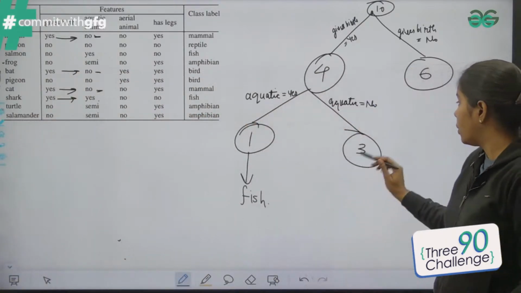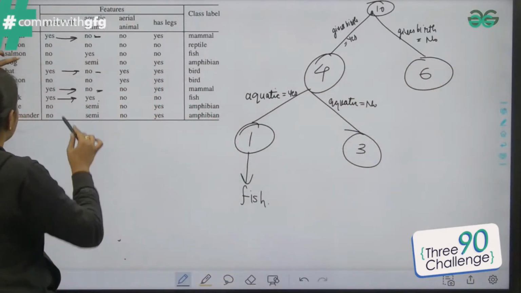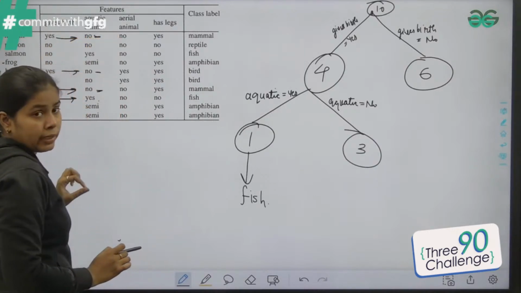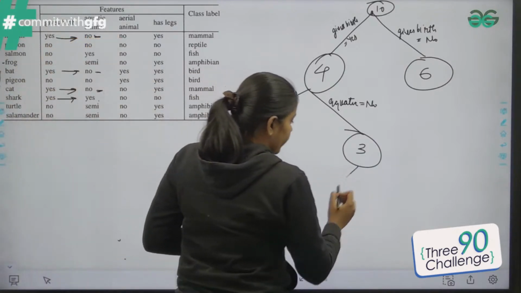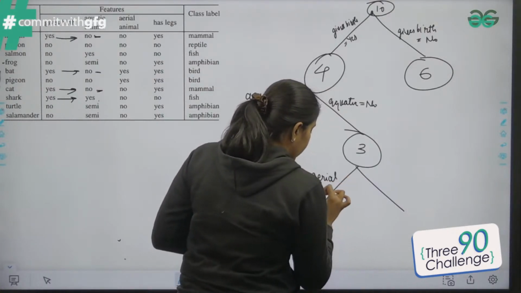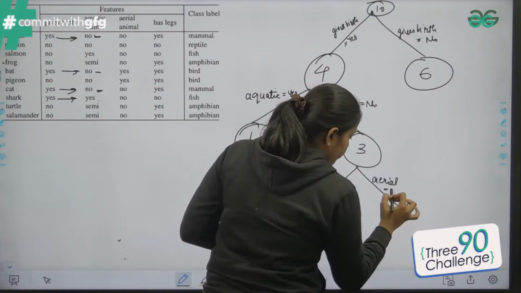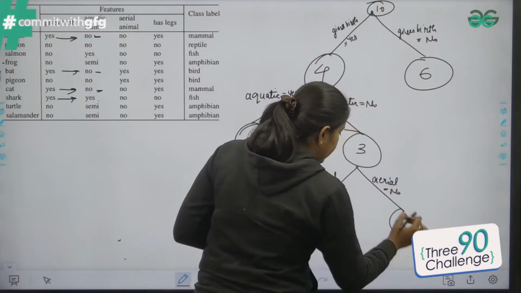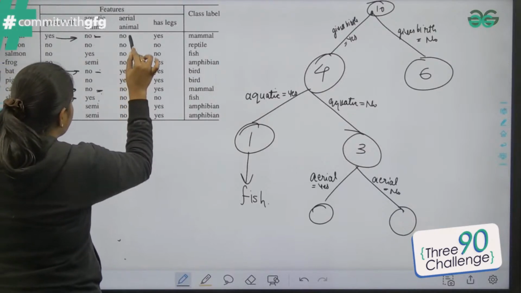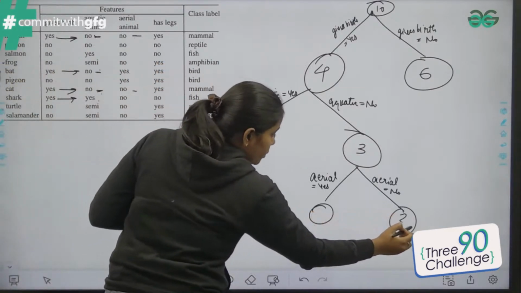Now for aquatic animal no, I have these here. Can I divide it by aerial? Yes, I can divide it into aerial, because I have aerial yes and aerial no. In this aquatic no group, we have 2 no's and 1 yes.